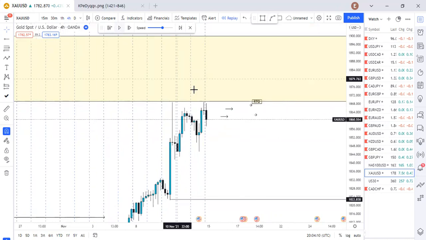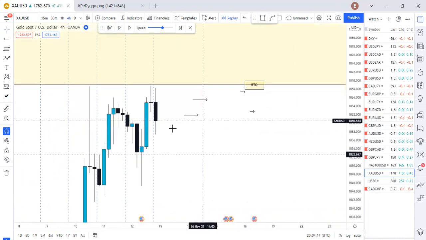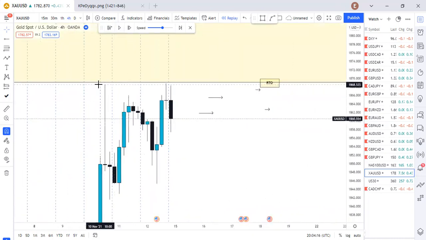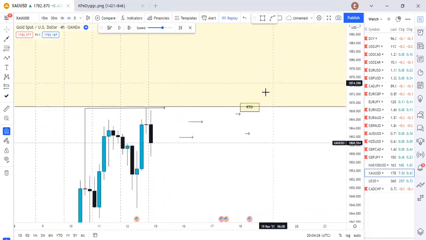As you can see, for that particular day, price has already given us liquidity again, equal highs. These are areas where we are likely to enter. Any moment here, we might find ourselves in the market.